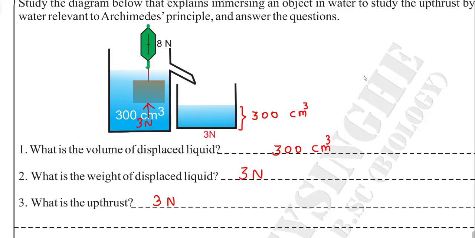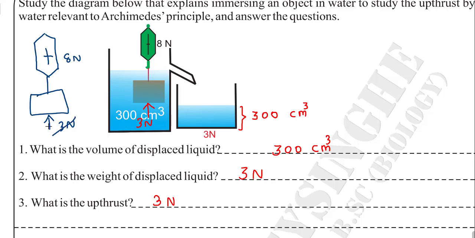But when the object is in the air, children, there is no upthrust. The object that is in the air, that 8 we have got with the 3 Newton upthrust we are having in the water, children.